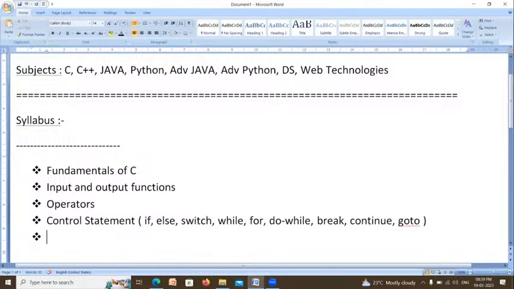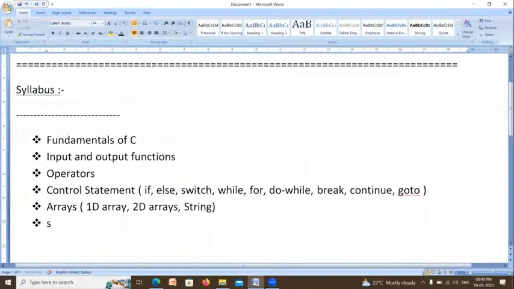Yes, sir. Now I will explain the concept of arrays. It contains 1D arrays, 2D arrays, strings, then I will explain structures, unions, enumerators, typedef, which means user defined data types.